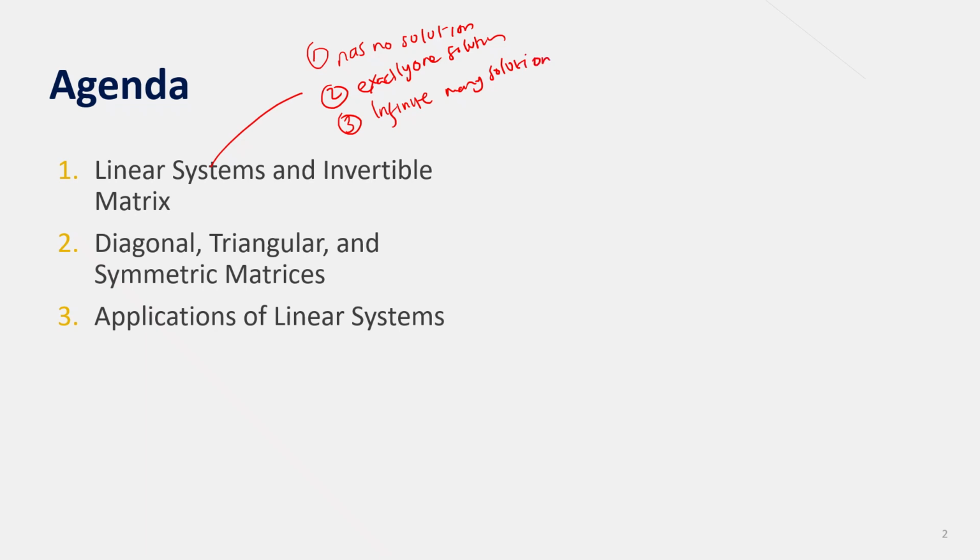If you remember from the discussions we had previously, we illustrated this with a linear system with two unknown variables.